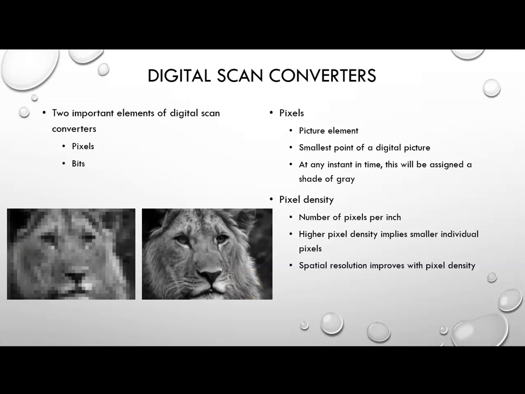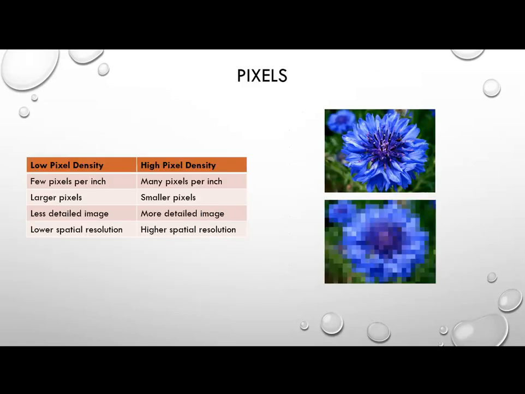Pixel density, on the other hand, is how many pixels there are per inch. And so we want a high pixel density anytime we're looking at images. Here we go. The fewer pixels per inch, the lower your image density.